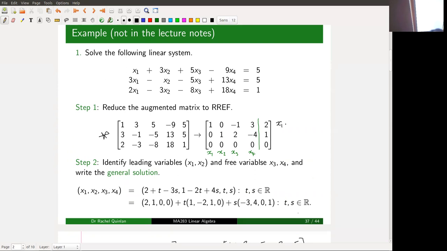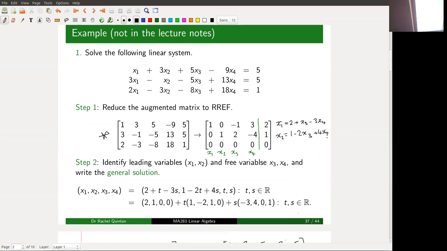We can write it as x1 equals 2 plus x3 minus 3x4, if we want to. The second equation says x2 plus 2x3 minus 4x4 equals 1. So we can write that as x2 equals 1 minus 2x3 plus 4x4.